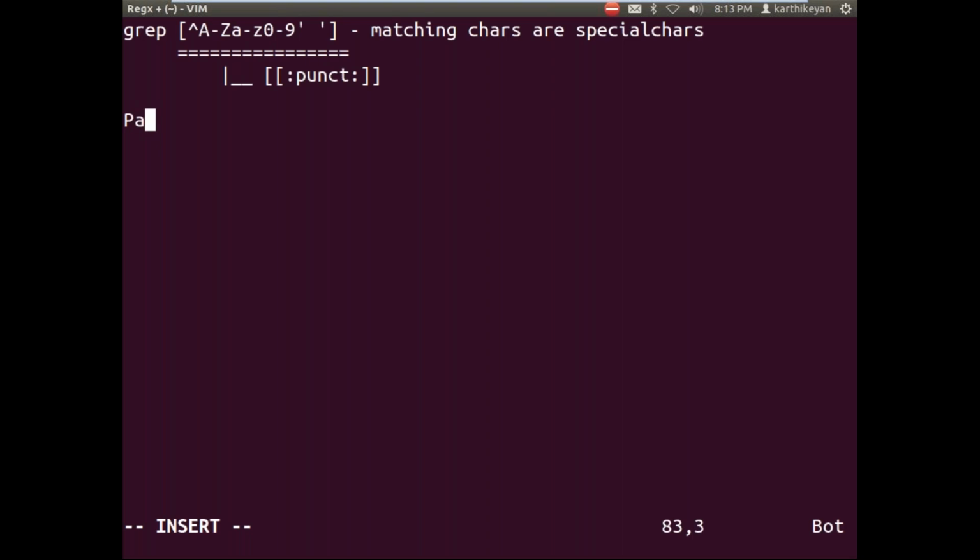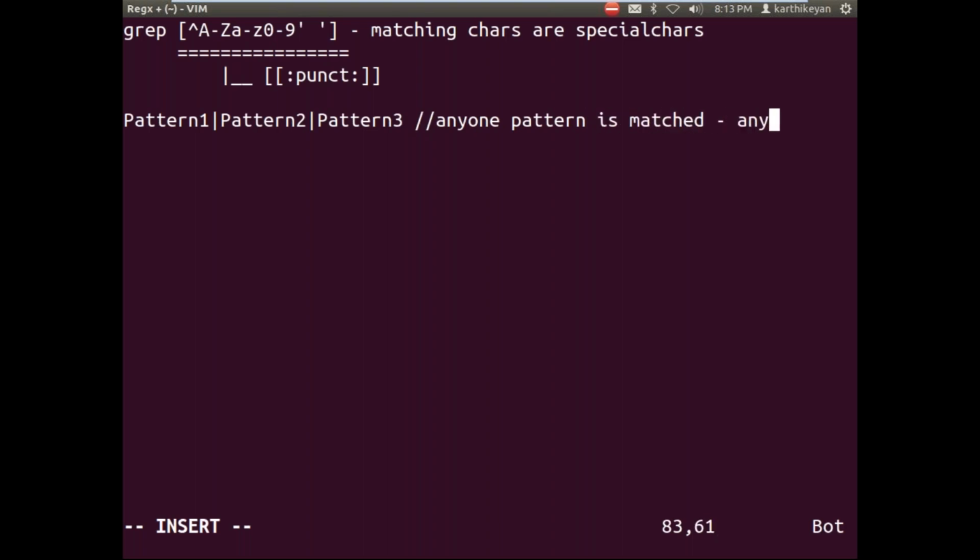Like pattern one, pattern two, pattern three, like this. If any one pattern is matched anywhere, in any order, this is piping, like logical OR.